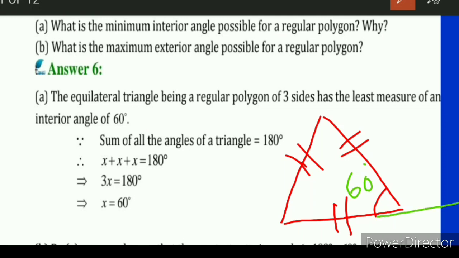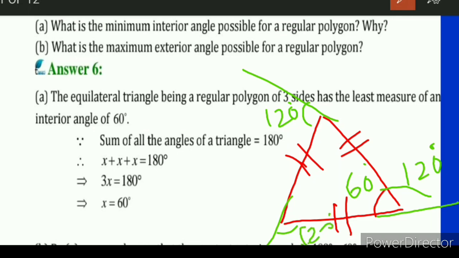If we extend one side or all the sides, what will each exterior angle measure? 120 degrees, because if we add interior and exterior, we will get 180 degrees.